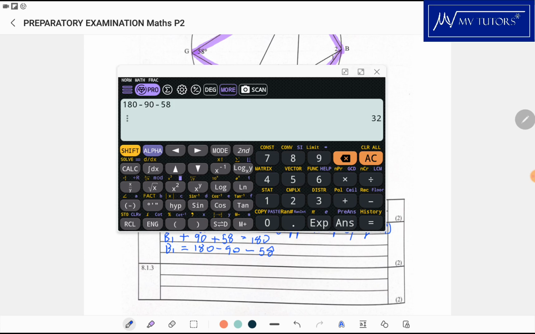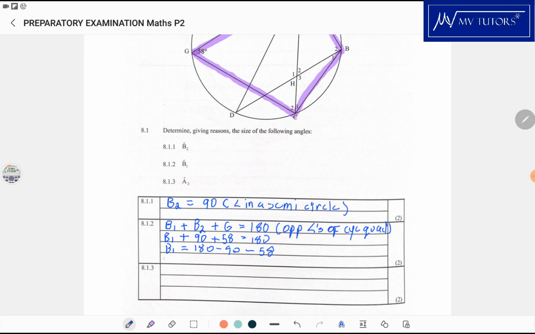So B1 is 32. Final answer: B1 is equal to 32 degrees.